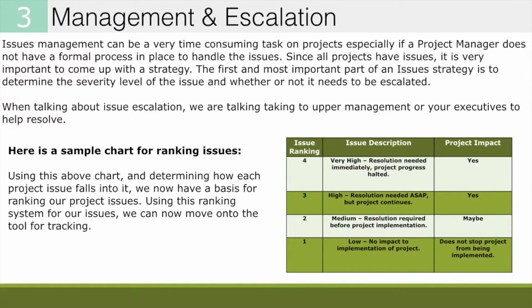If it's a low impact issue, it's not stopping anything, you're not going to escalate it. But a 2, a 3, and a 4, you're definitely going to say, hey, this project is stuck with this issue. We've got to get it up to upper management or your executives. So it's a great tool. I've used it for years. It's a great tool to help you understand how and when you escalate your issues.